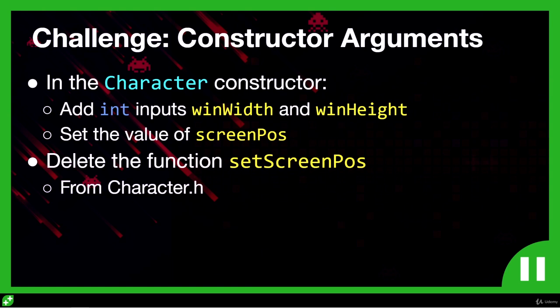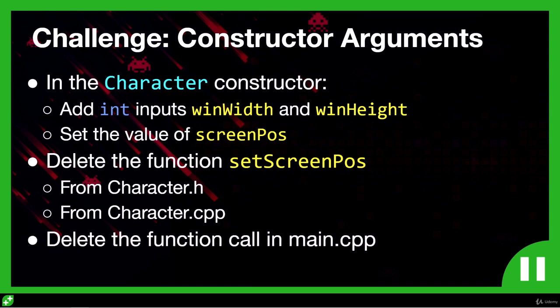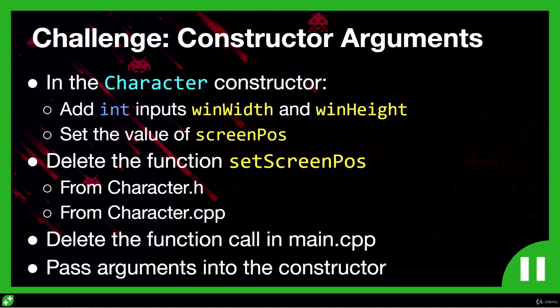Delete it from the character.h file and the character.cpp file. And since setScreenPause will no longer be a method on the character class, delete the function call from main.cpp as well. And now that the character constructor has required input parameters, you're going to need to pass window width and window height into the character constructor. Pause the video and give this a try.